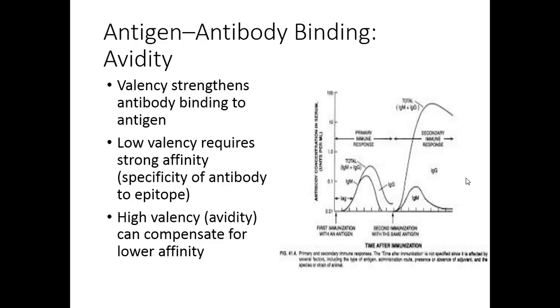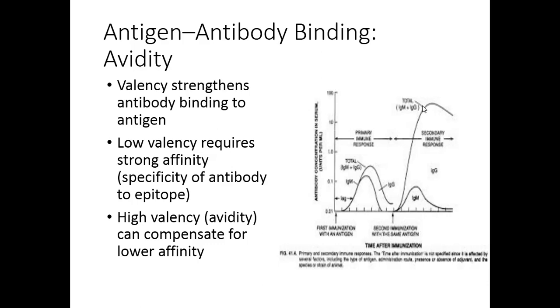So, isn't it good news that IgM has a valency of 10 that's going to overcome this poor kind of specificity? And that in the second immune response, when we produce mostly IgG, which has a valency of 2, it has a really, really specific, really great lock and key.